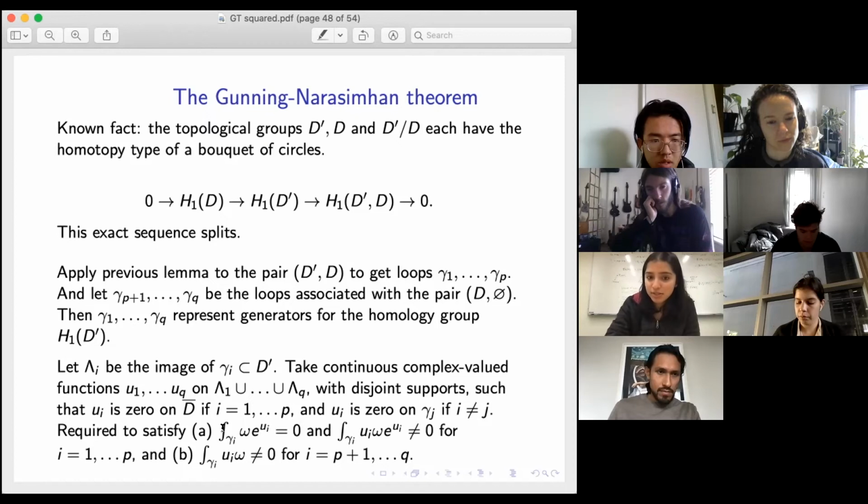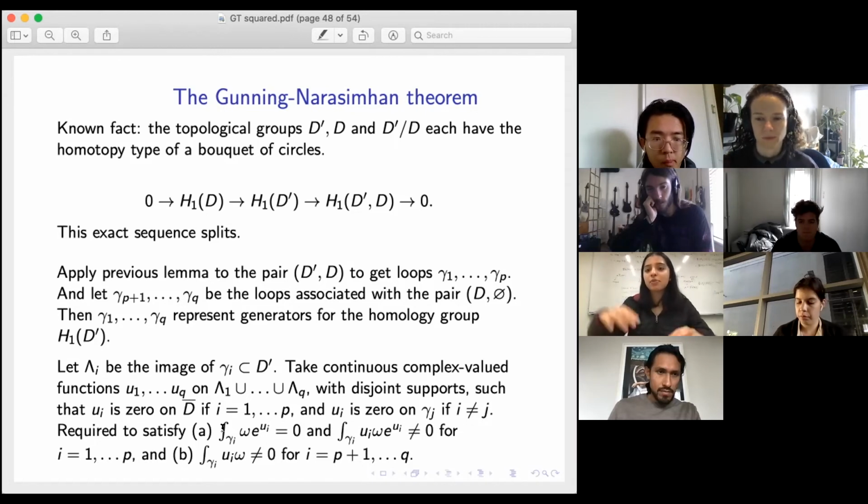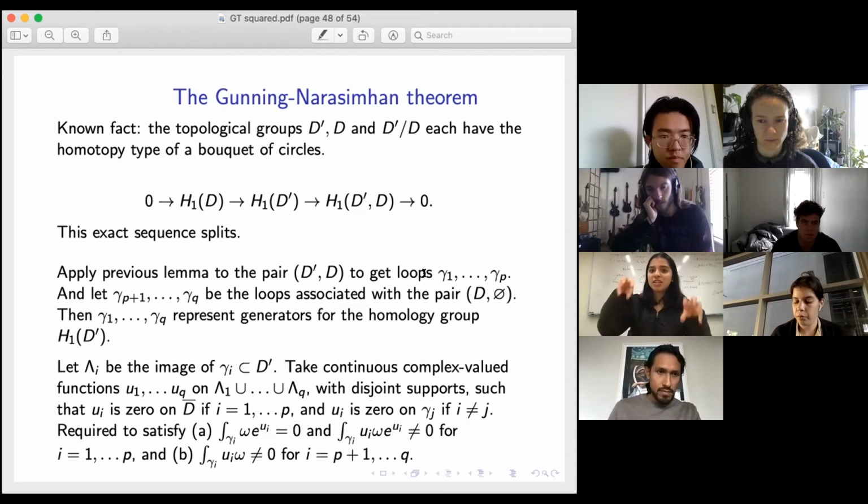They have disjoint supports, and we assume that each UI is 0 on the closure of D for 1 through to P. I think it's obvious why we can do this, because for 1 through to P, they form a basis for the relative homology group H1 D prime D. So you can definitely just assume that all of the UIs are 0 on the closure of D.